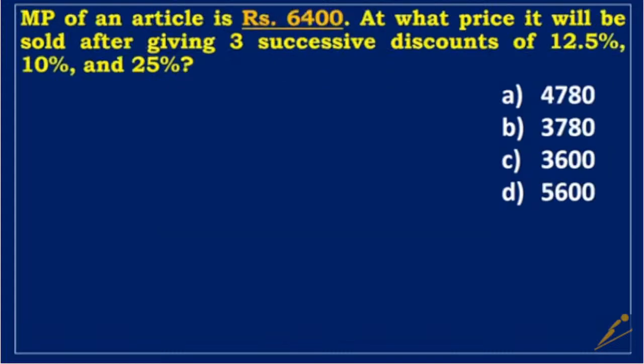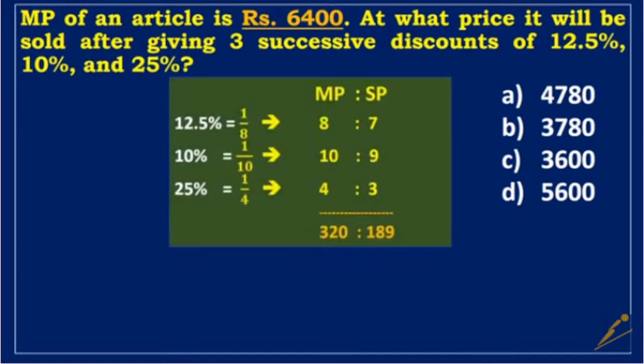Example 2. The MP of an article is Rs 6,400. At what price will it be sold after giving 3 successive discounts of 12.5%, 10%, and 25%? The ratios for the 12.5%, 10%, and 25% discounts are 8:7, 10:9, and 4:3 respectively.